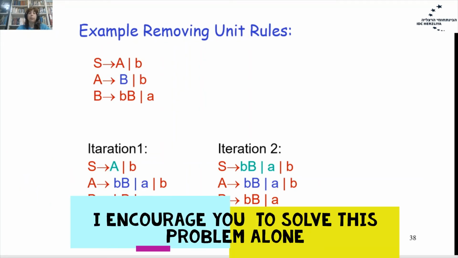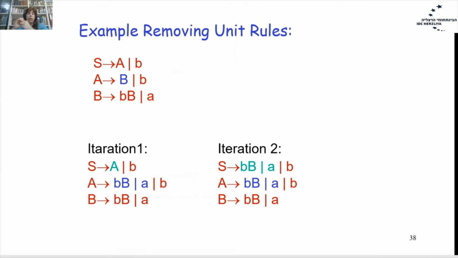Let's see an example of how we remove unit rules. We are given a grammar where we have several unit rules. We have S derives A, a unit rule, and A derives B, also a unit rule. We will start with the rule A derives B and we will eliminate it, delete it from our grammar.